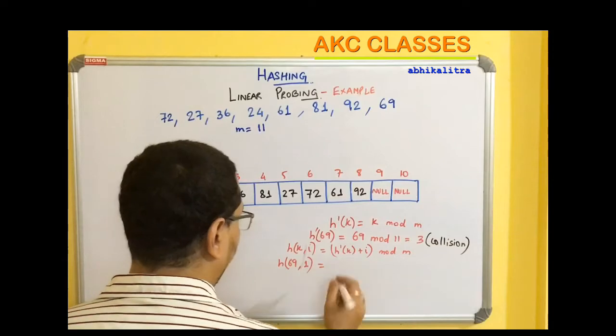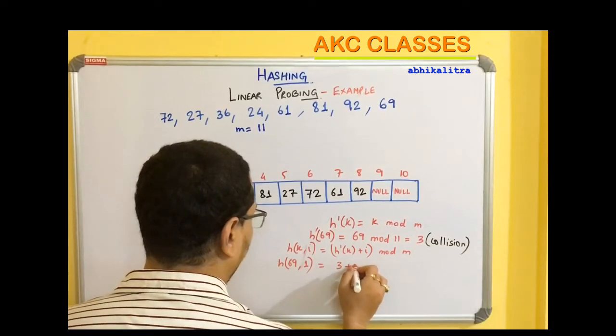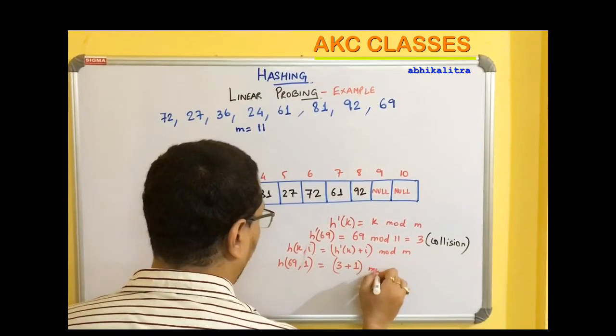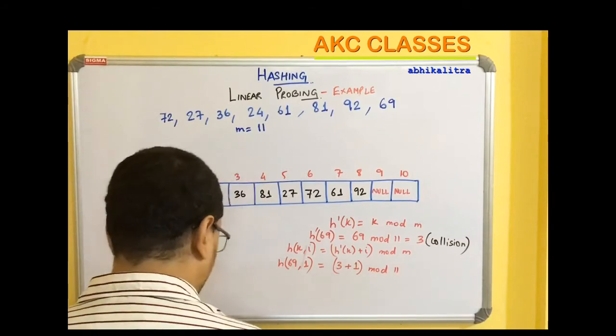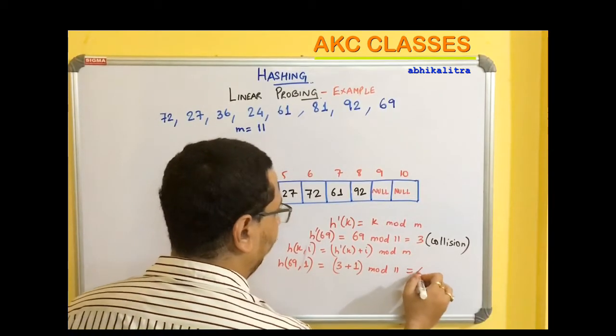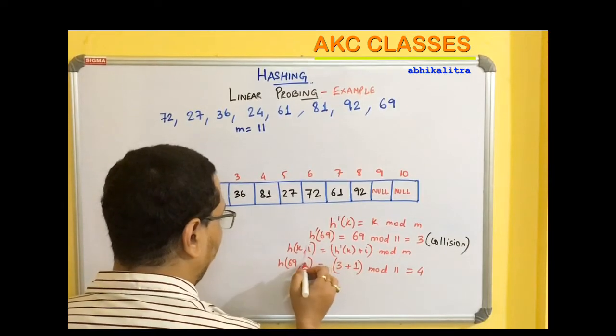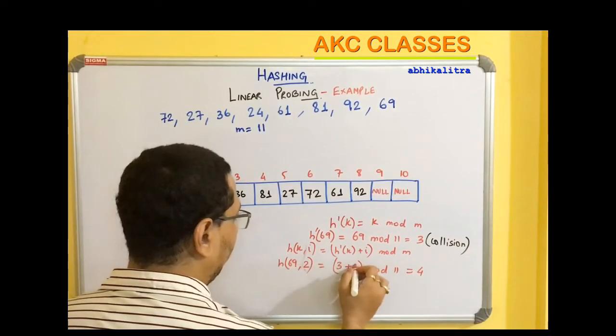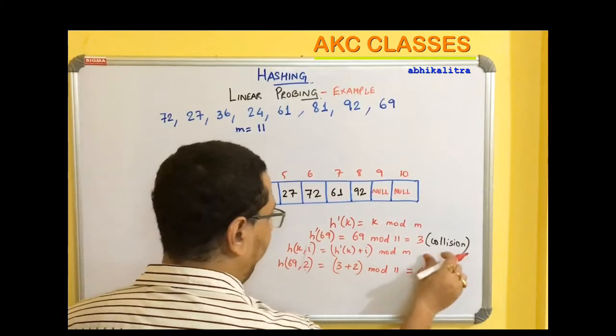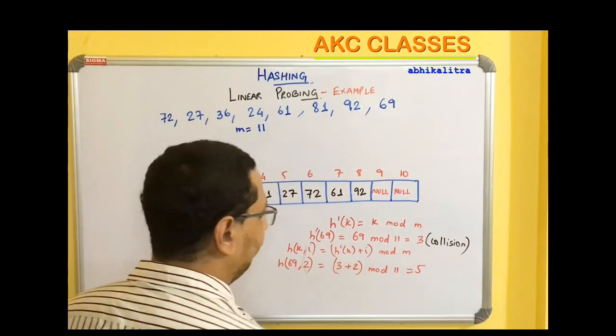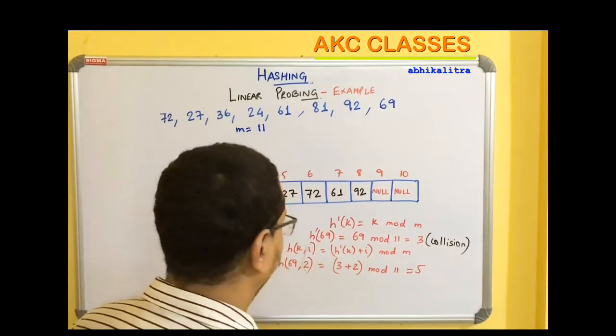So the value 3 is added with 1 mod 11. So obviously it will generate a value of 4, which is again a collision. We increase the value of i to 2. So 3 plus 2 is 5. So the next value is 5, which is again a collision.